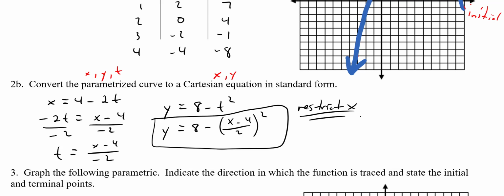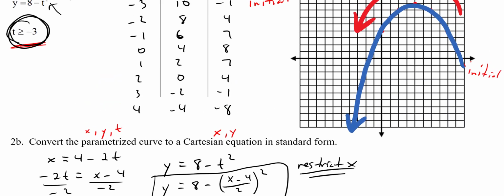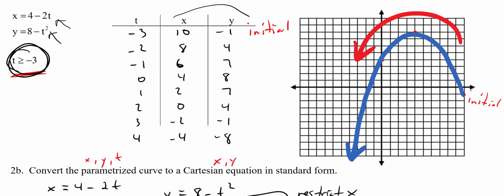So I need to restrict x. And that's actually really easy because you just look to see what the value of t is and what the value of x is. Well, t is greater than or equal to -3, so look at x. What happens with x? Well, doesn't it start with 10 and it goes down? So x has to be less than or equal to 10. Just look at the value.